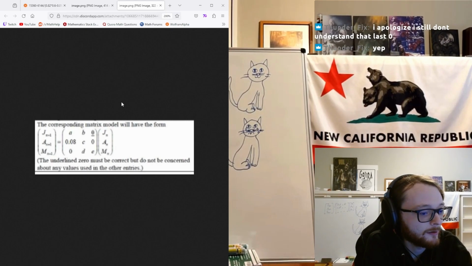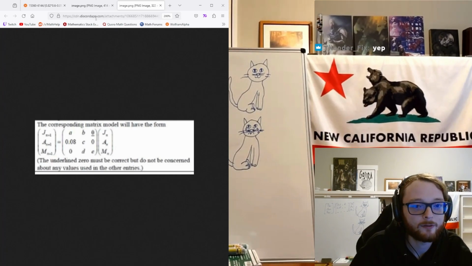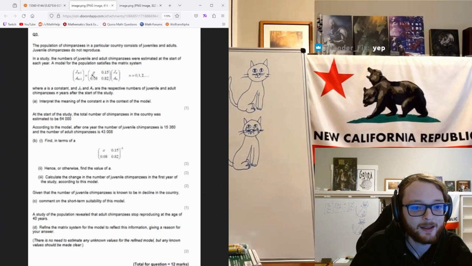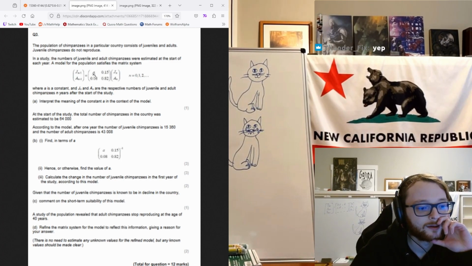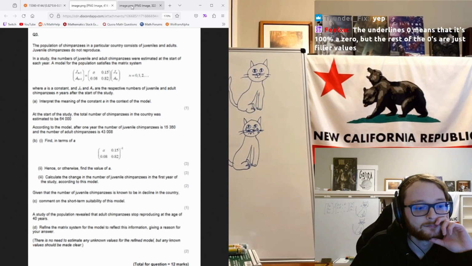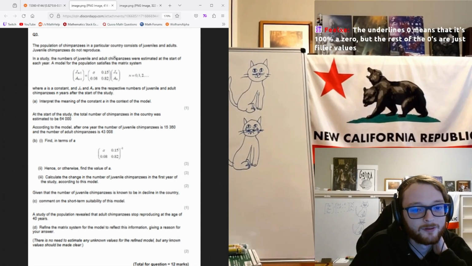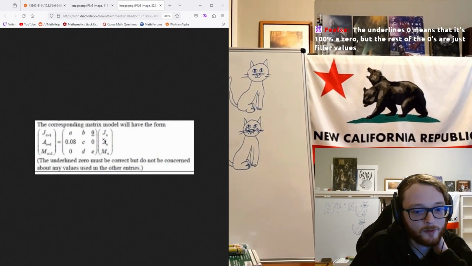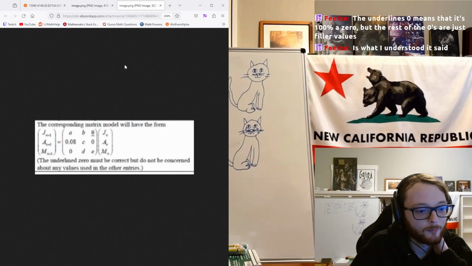Okay, so maybe rewinding back to part A, where you're supposed to explain what that A means. I think the question is how we're supposed to know that it is a 0, or I assume Thor knows that it's required to be there.